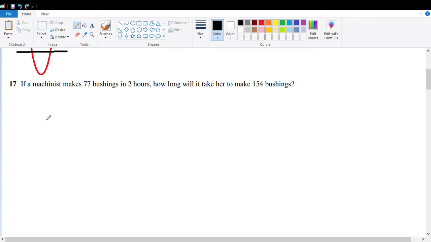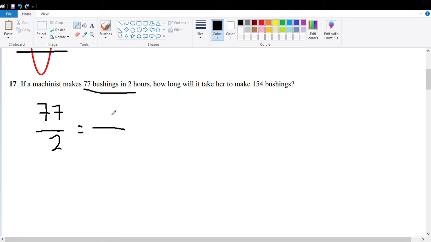So let's do our first part. Our first set of numbers is 77 and 2. So now it's going to be 77 over 2. Again, it doesn't matter which one goes on the top and which on the bottom. Is equal to another fraction.